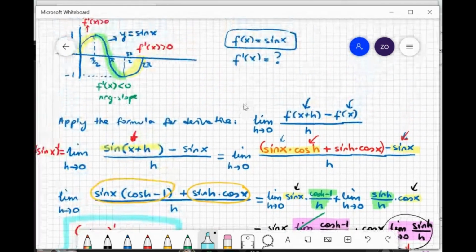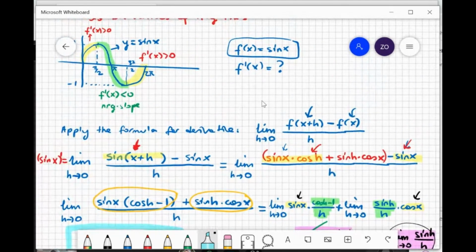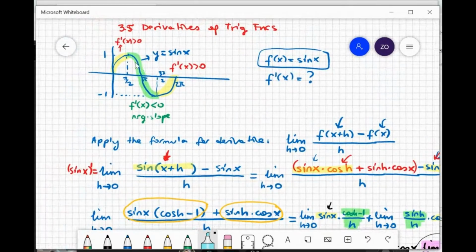So let's go back to the graph of the sine function. Remember, we figured that it is increasing until pi over 2, decreasing until 3 pi over 2, and increasing again until 2 pi.